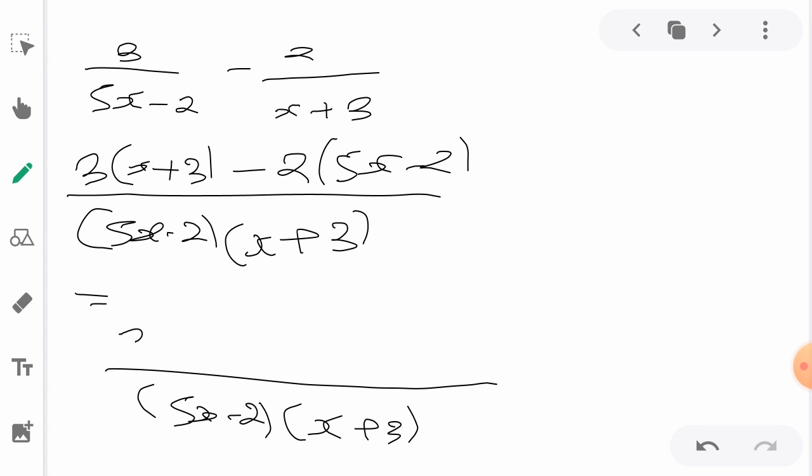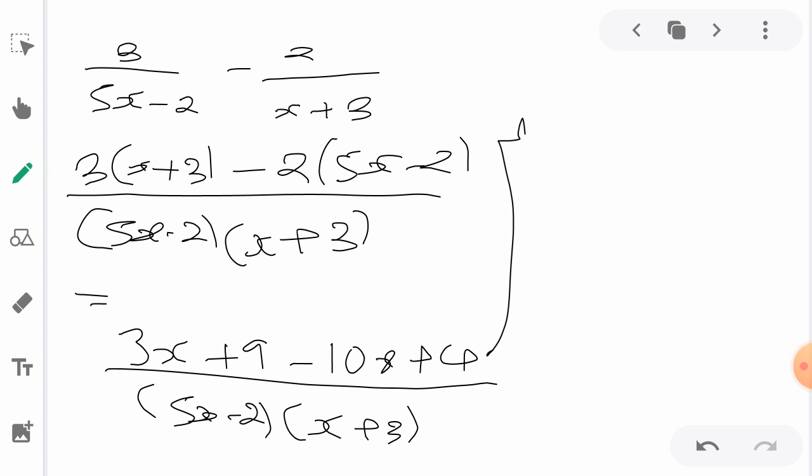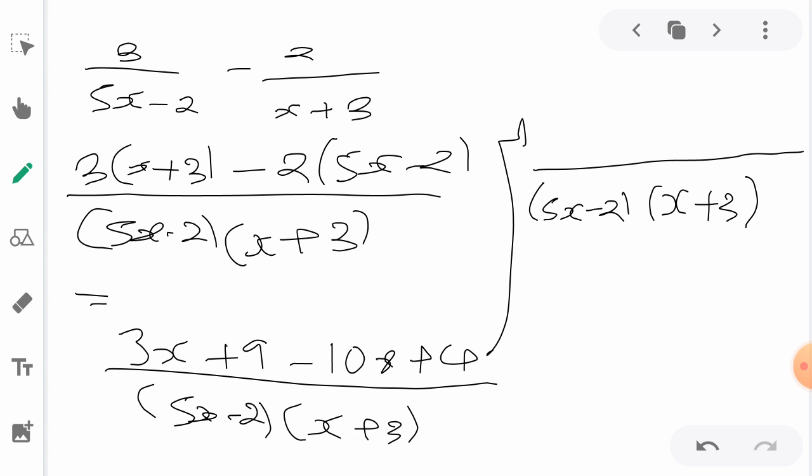Then I'm going to expand. 3 times x is 3x. 3 times 3 is 9. Then I'm having negative 10, positive 4. I'll just bring you this side so that we can work out properly. So we have 5x minus 2, we have x plus 3, then 3x.